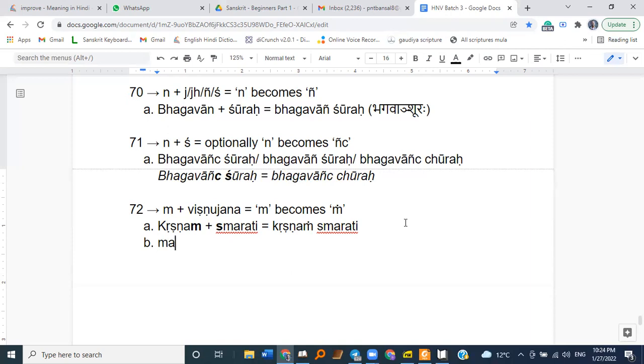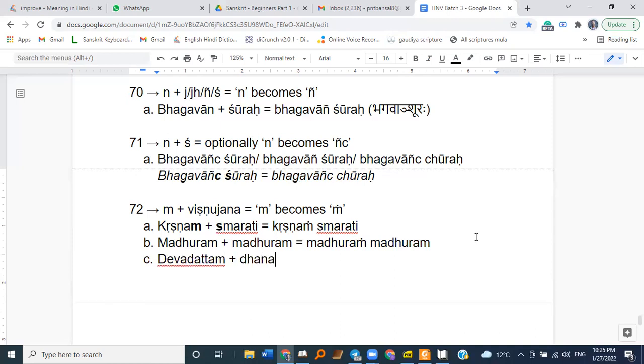Let's say Madhuram, again Madhuram, so becomes Madhuram. Yes, Deva Dattam Dhananjayaha. But the only requirement is that after Marama, there should be a Vishnu Jana. If it's a Sarveshwara, then it won't become a Vishnu Chakra. So it becomes Deva Dattam.